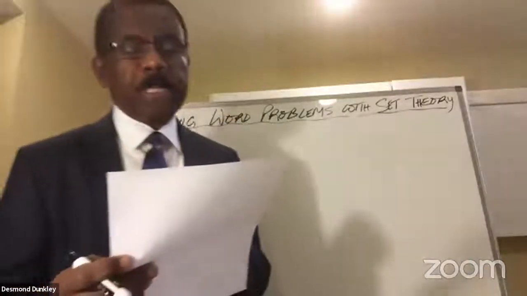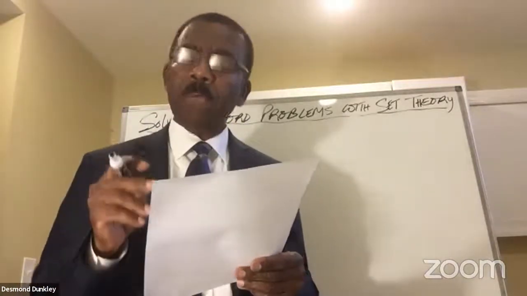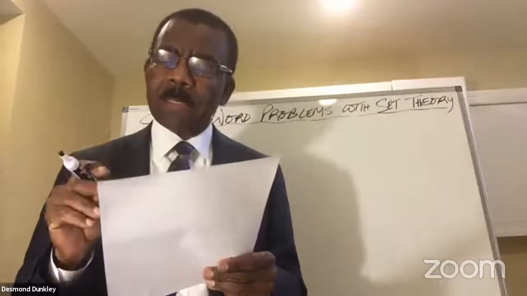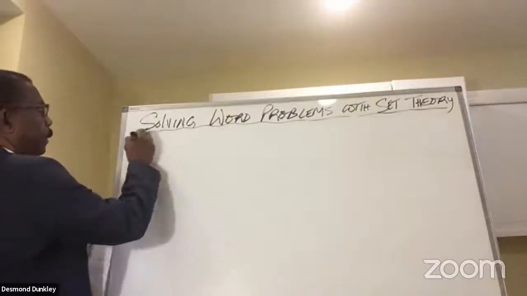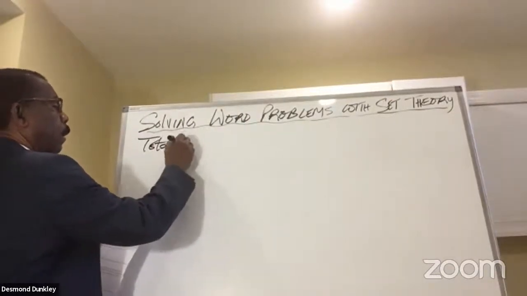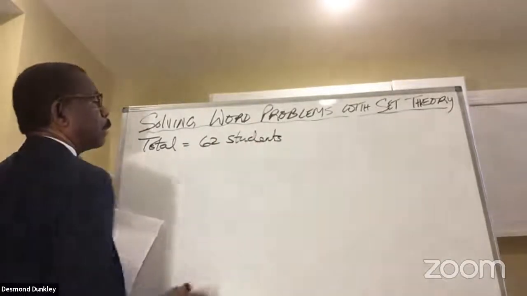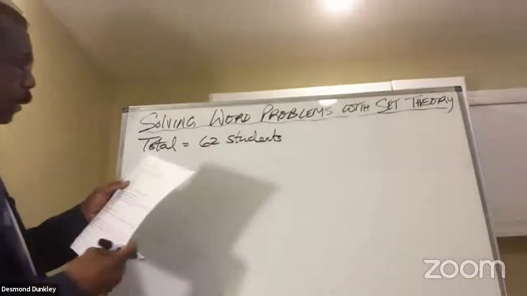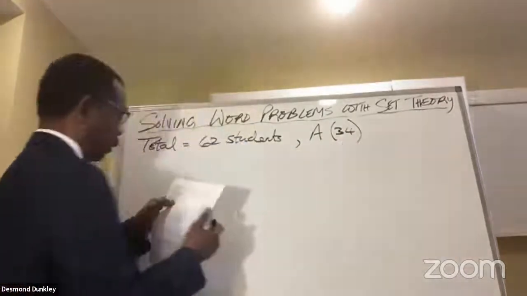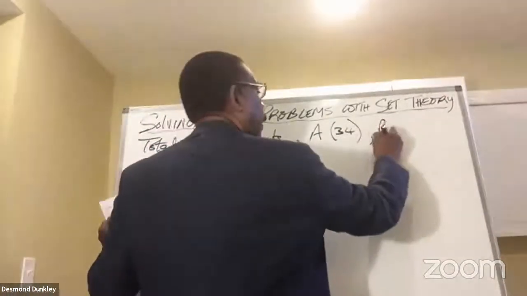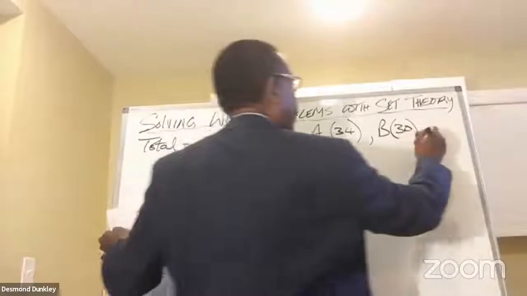A group of 62 students were surveyed, and it was found that each of the students surveyed liked at least one of the following 3 fruits: apricots, bananas, and cantaloupes. So let's go. Total. We have a total of 62 students. 34 for apricot, 30 for banana, and 33 for cantaloupe.